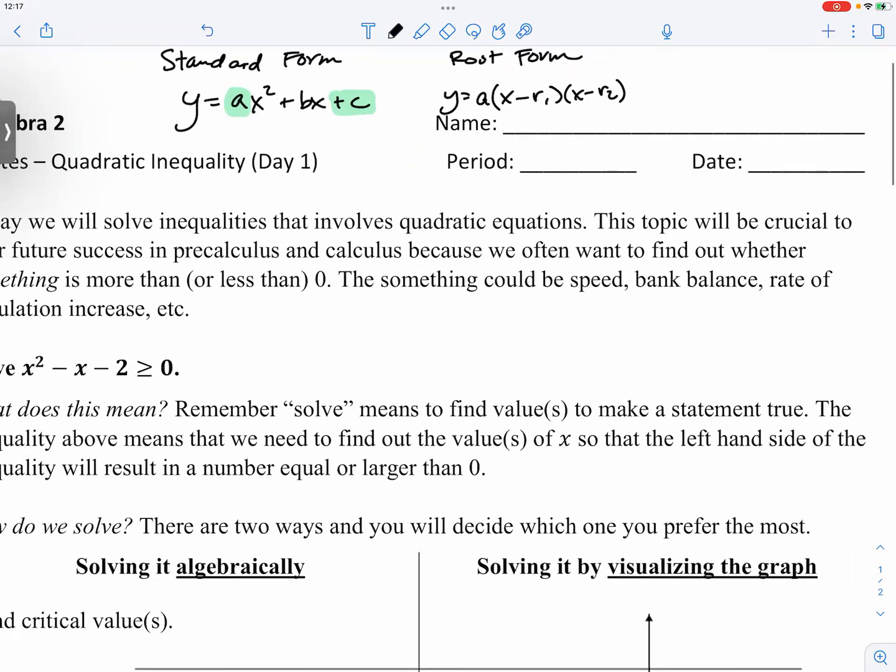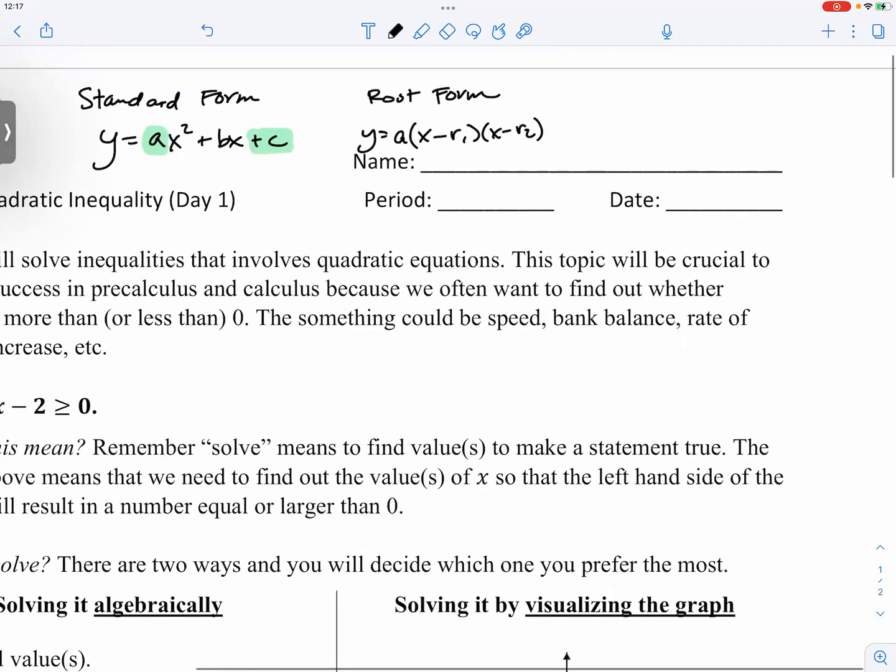Now I'm going to hold off on the vertex form until tomorrow, but I mean it doesn't hurt to write it here. Vertex form is going to be y is equal to a times (x minus h) squared plus k.